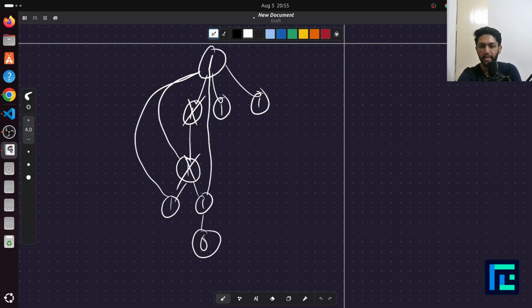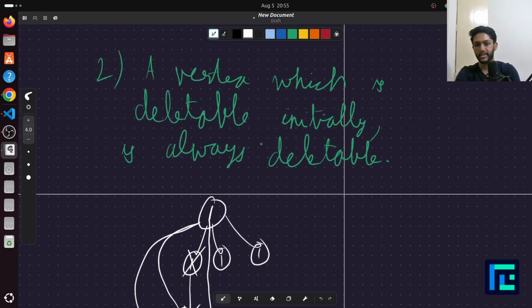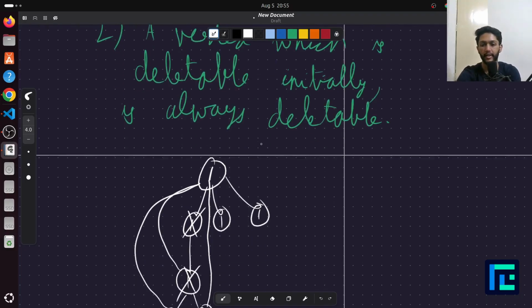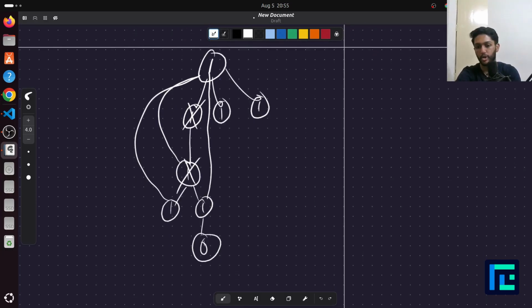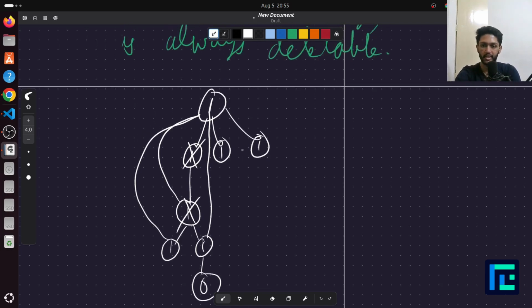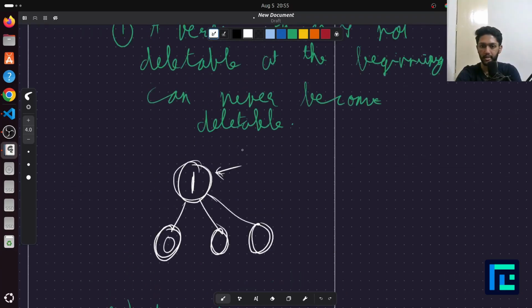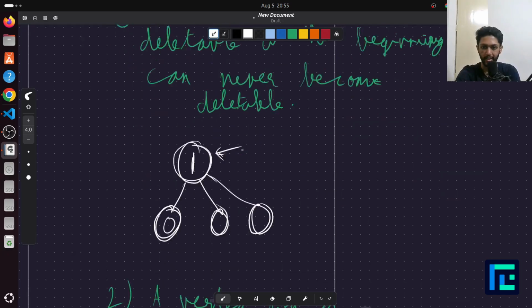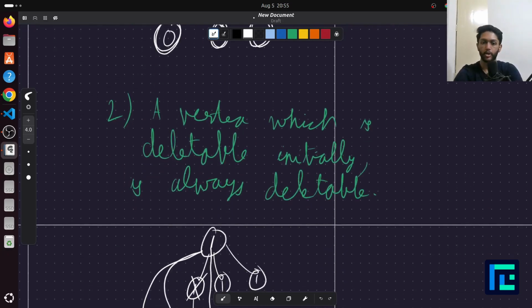So our aim of making this 0 a child of this 1 has failed. That's my entire point: we can never make a 0 child of something which initially has all 1 children. So these are the 2 claims: a vertex which is initially not deletable can never become deletable, and a vertex which is initially deletable is always deletable.